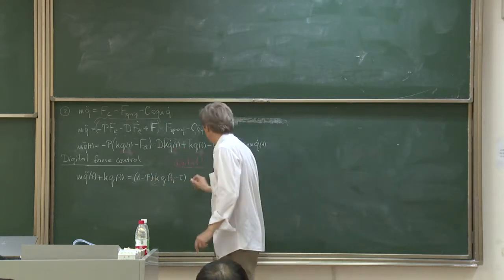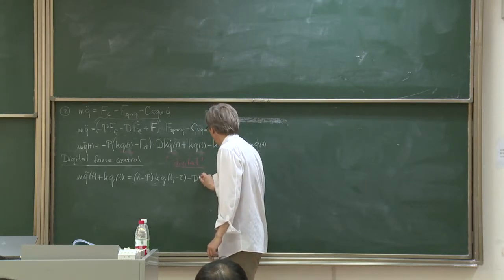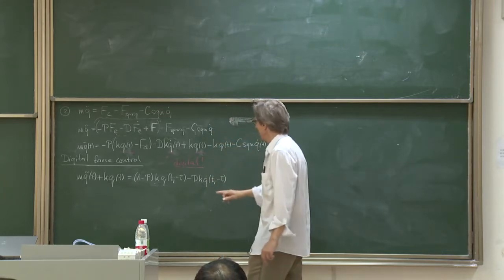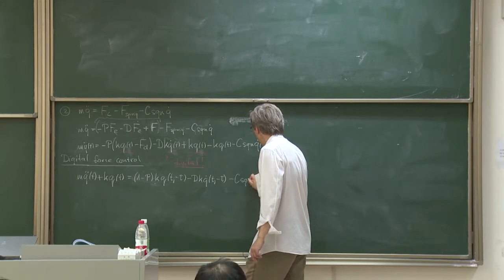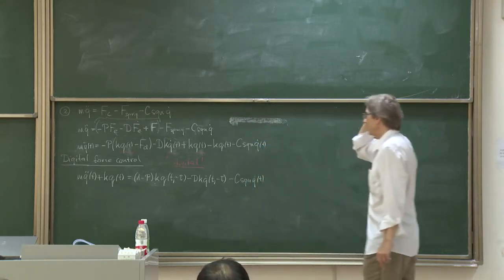Then there will be the differential gain minus D times K times Q dot at Tj minus tau. And then I had everything, and at the very end we have the minus C times the sign of Q dot T. Okay? That's it.